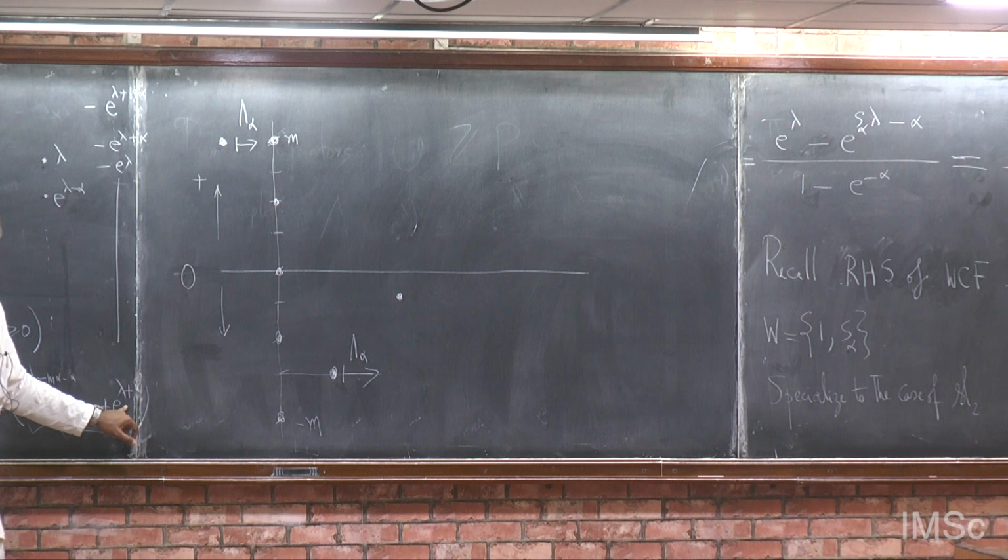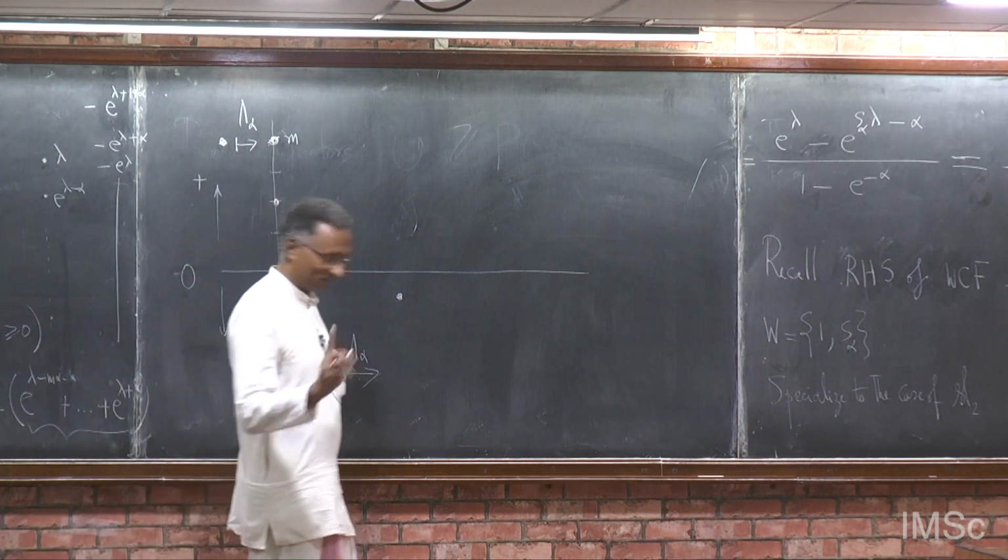I'm saying the negative side is downwards. So lambda of H alpha is m, and m is negative.